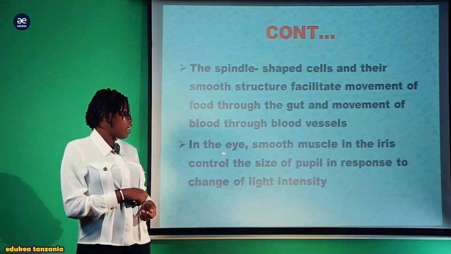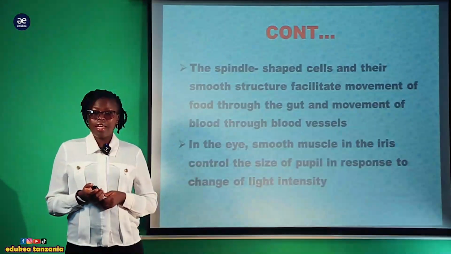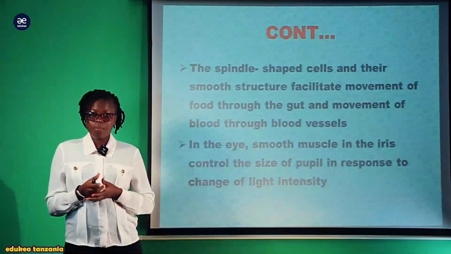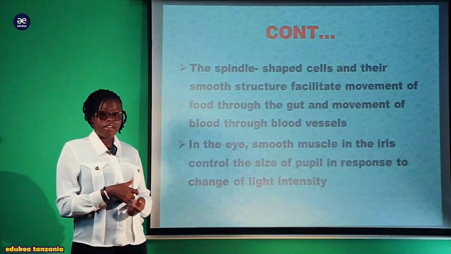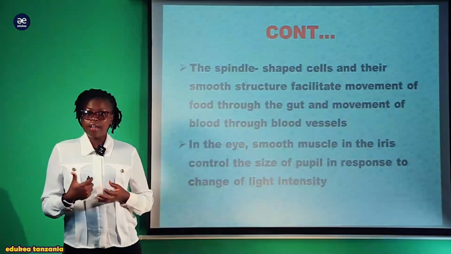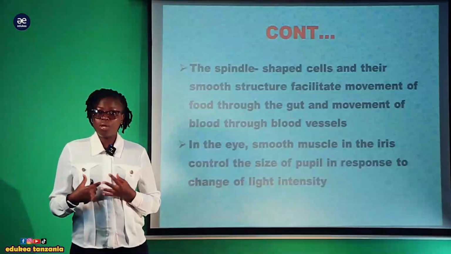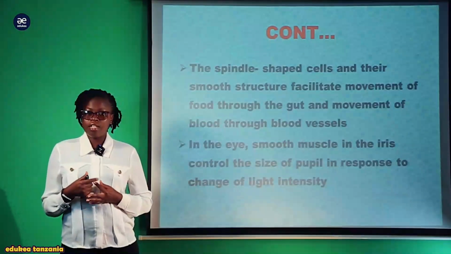Likewise in the eyes, they are found within the eyes. Looking at the sclera, in your eyes they are small, there are muscles which are smooth muscles. So in the eye, smooth muscle in the iris, they tend to be found within the iris, which is responsible for controlling the shape of the pupil during light perception, during the mechanism of seeing.